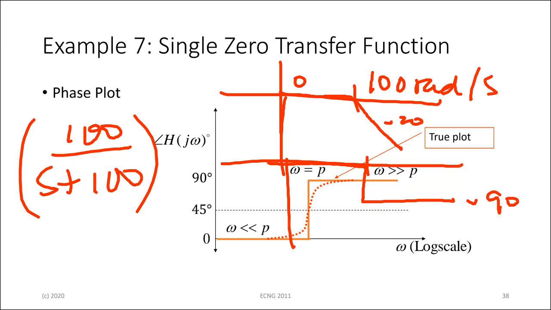So you could go back and forth now. Given this straight line plot, you could get a transfer function. Given the transfer function, you could get a straight line of what the frequency response would look like. And that is usually enough in a design case to let you know if you're on the right track or not.